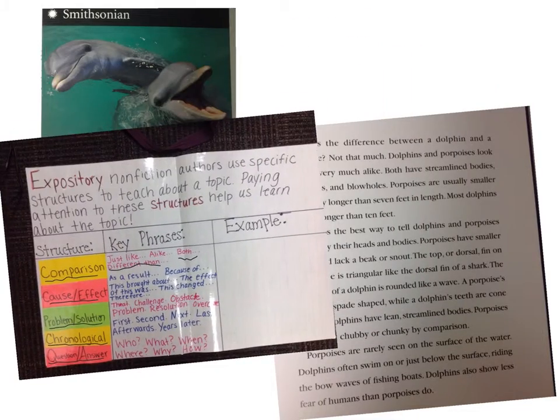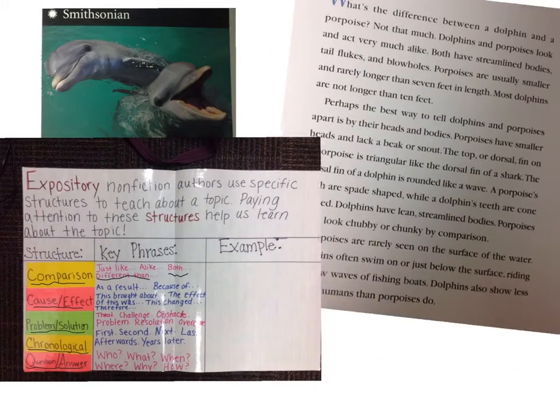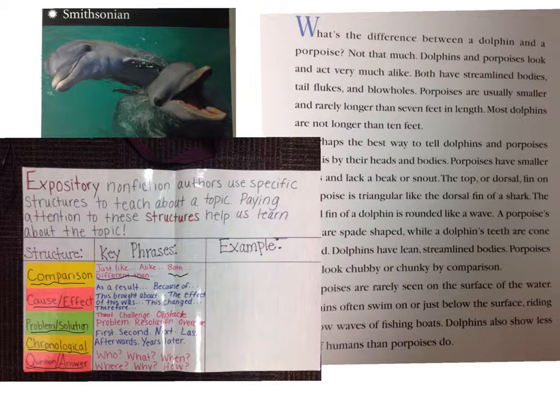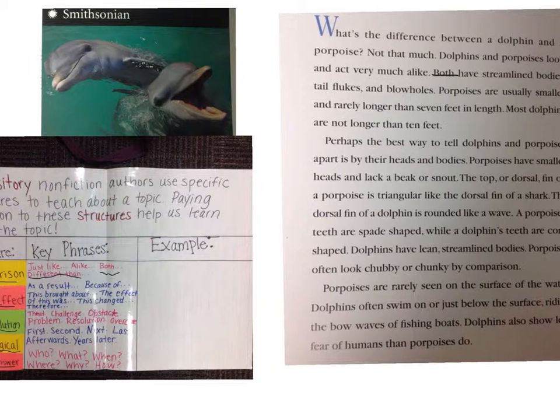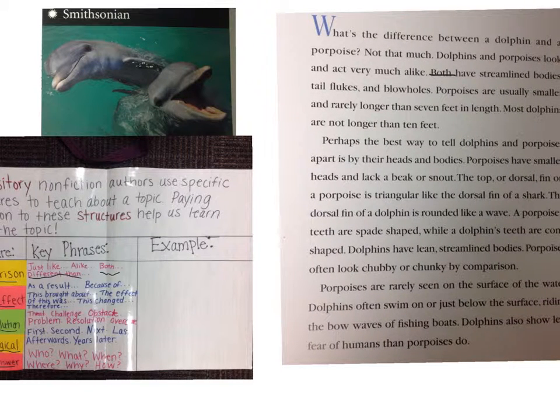Readers, let's take a look at the text so I can show you where those key phrases are, or words are. Right here it says both have, so there's the word both. And then in our question it talks about a difference right at the top of the page.